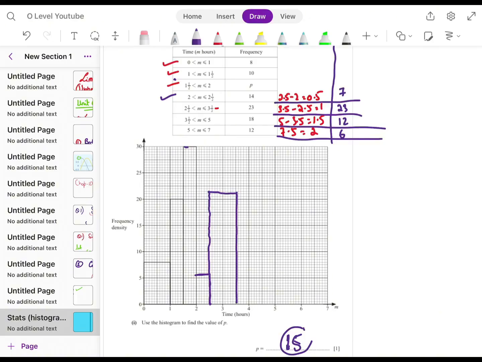So here I have made 3.5. Now 3.5 till 5 is 12. So 12 will be somehow here till 5. Now 5 till 7 is 6.